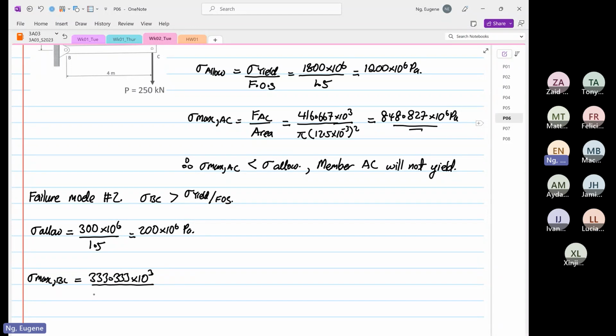We are given the cross-sectional area is 0.1 times 0.1, it's a square. So 333.333 times 10 to the power 3 divided by 0.1 divided by 0.1 is equal to 33.333 times 10 to the power 6 Pascal.